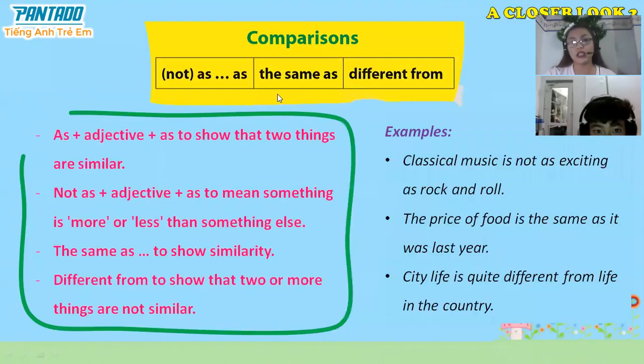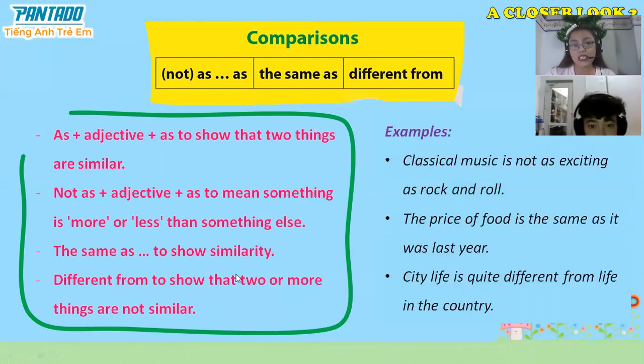Okay, so according to this, you can put as, the same as, or different from. But remember, there are specific uses of this. So as plus adjective, we use this to show the similarities of two compared adjectives.